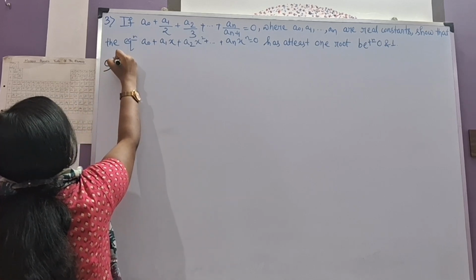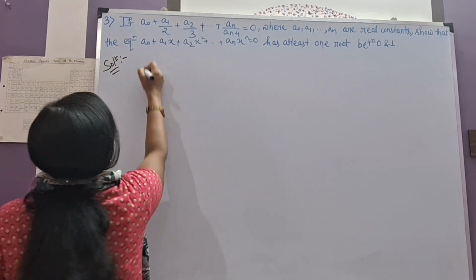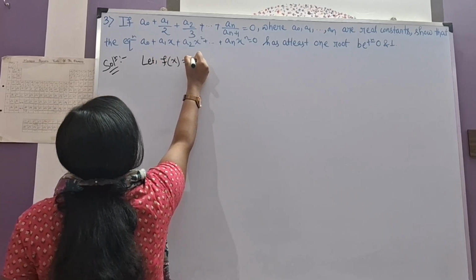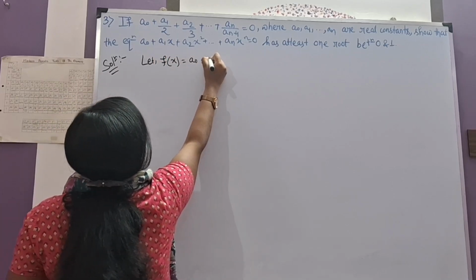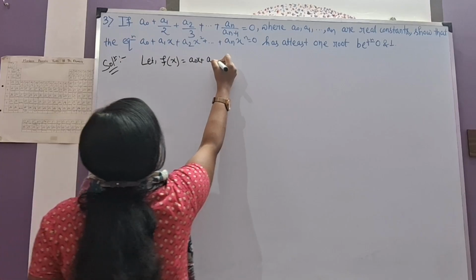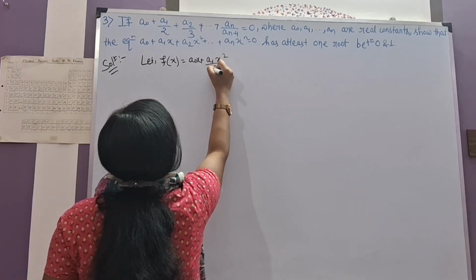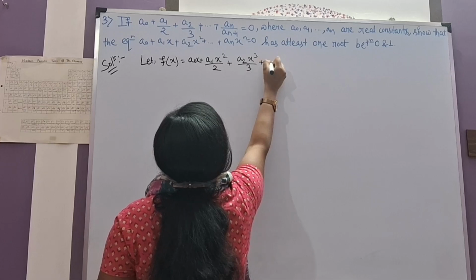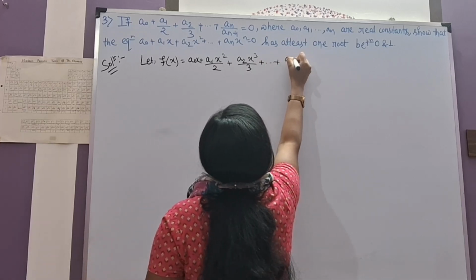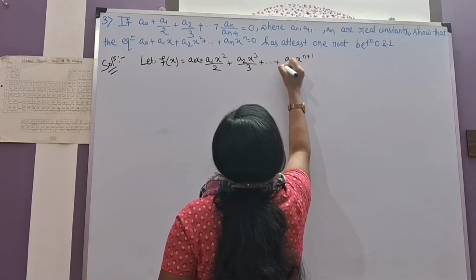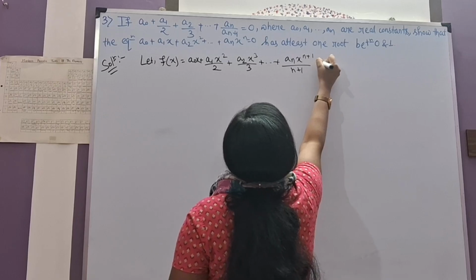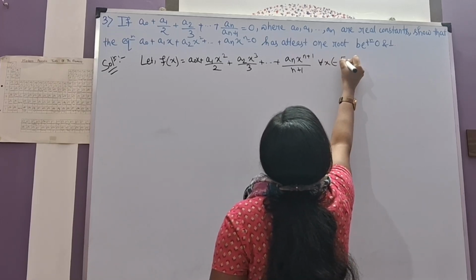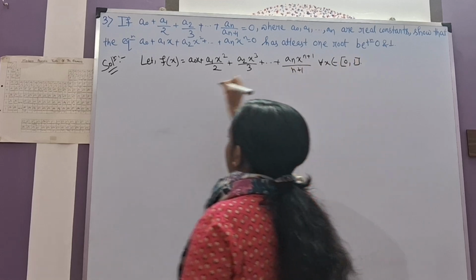Now we are going to solve this numerical. So at first we are going to choose f of x equal to a0 x plus a1 x squared by 2 plus a2 x cubed by 3 plus ... plus an x to the power n plus 1 by n plus 1, for all x belonging to closed interval 0, 1.